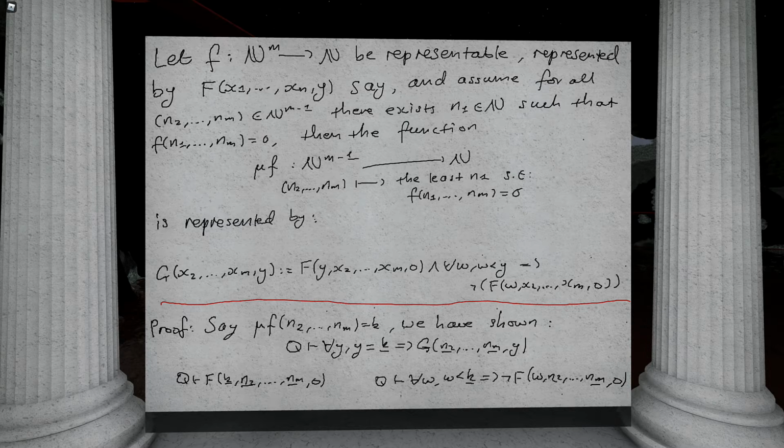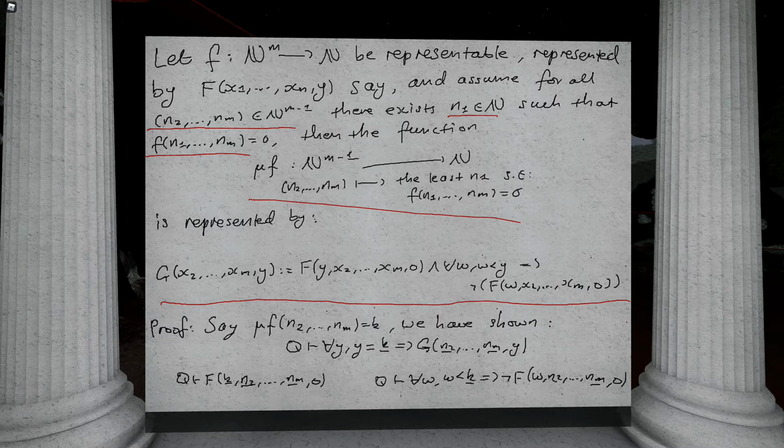And then we also have to assume that f is suitable in the appropriate sense that if we have any m minus 1 tuple of natural numbers, there always exists an extra natural number such that when I evaluate f at that extra natural number plus that sequence in the hypothesis, then this evaluates to 0. We need that in order for this function that I've written down here to even be well-defined.